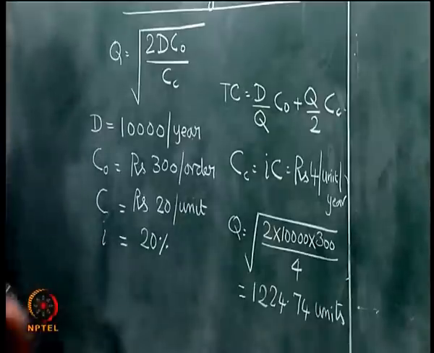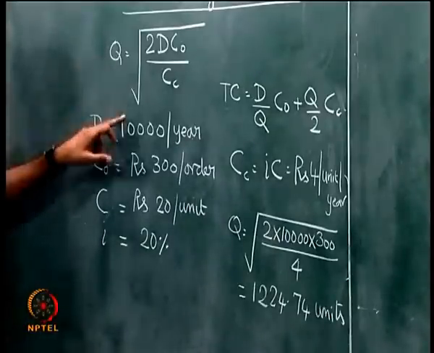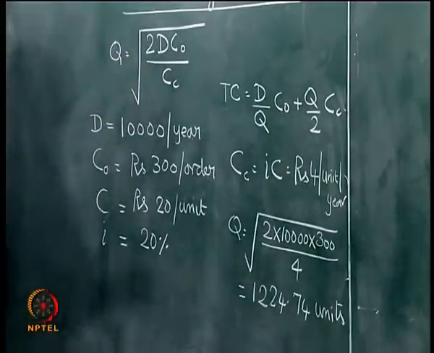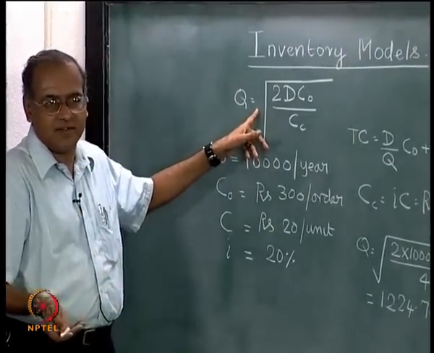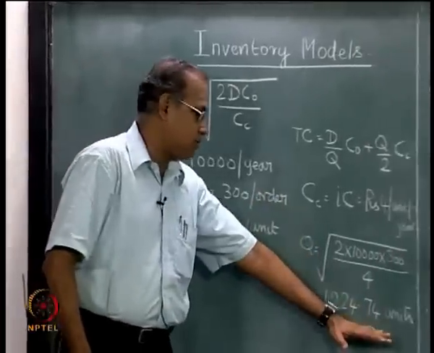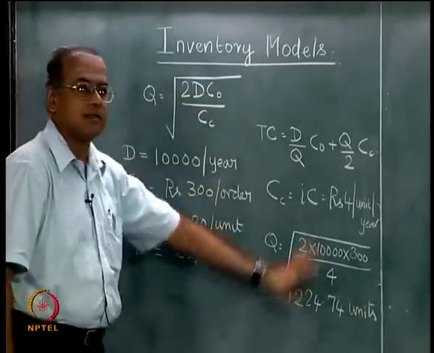We have already seen that when we derived it, Q was root over 2D C naught by Cc. We take only the positive quantity, we do not take the negative quantity because Q represents an order quantity. So, you get 1224.74 units as the economic order quantity in this case.